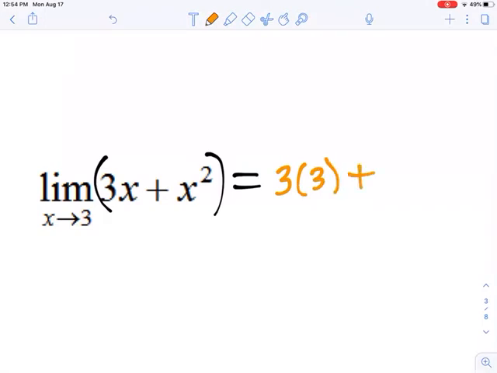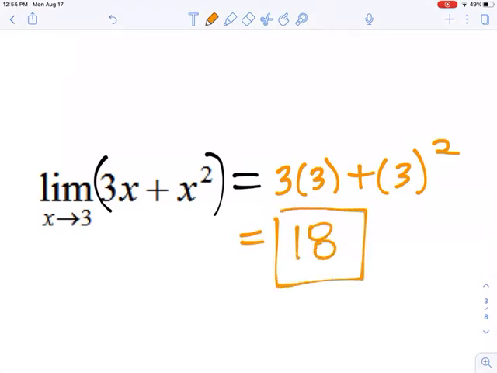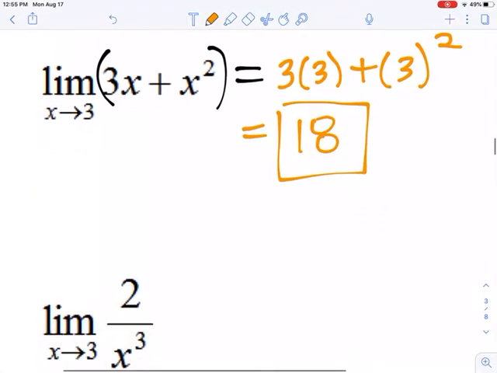So 3x plus x squared. That y value is 18, which means the limit as x approaches 3 is going to be 18. I'm essentially asking you for the y value that we are approaching on our graph.